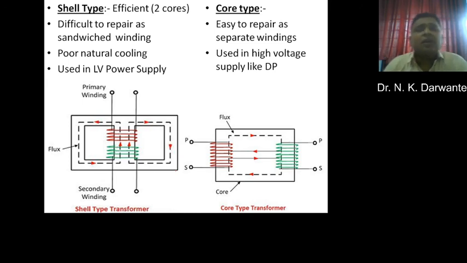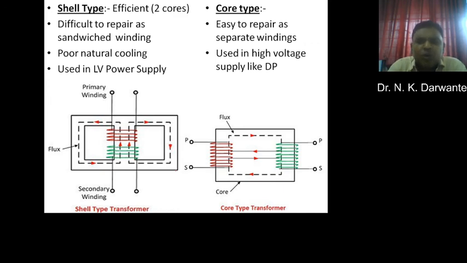Then there are two types of transformer. One is known as a shell type of transformer and the other is known as a core type of transformer. Now here you can see the difference between them. First of all, the core type of transformer is a simple type of transformer having the usual or conventional structure as we have seen earlier.